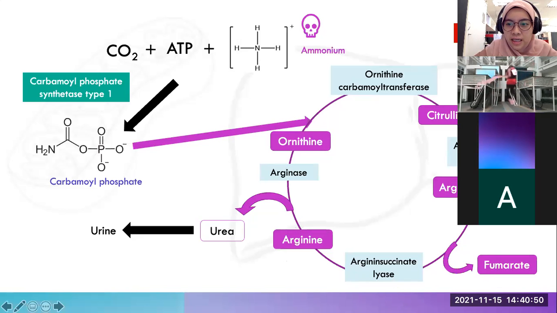The conversion of arginine succinate to arginine will yield fumarate, which is an intermediate in other metabolism in our body. Then arginine will be converted back into ornithine, and this conversion will yield urea. This urea will be excreted in our urine via the kidney.